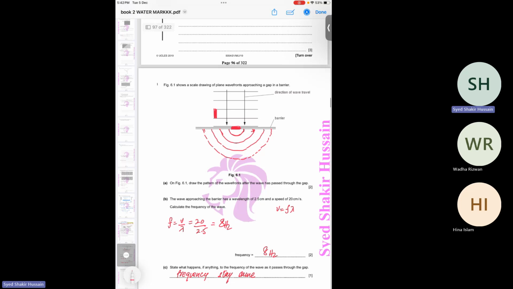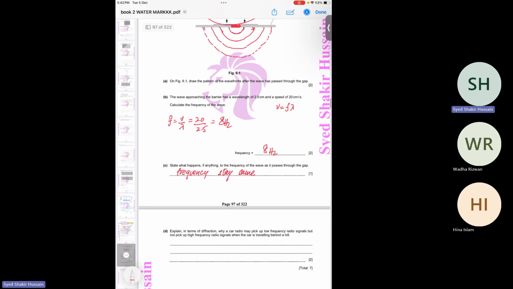If I bring in another wave which has a wavelength double of this, will there be more diffraction? Yes, right? Since frequency is v upon lambda, more the frequency, lesser would be the wavelength, and lesser the frequency, more would be the wavelength.